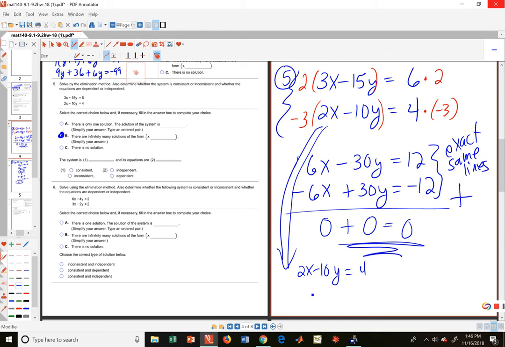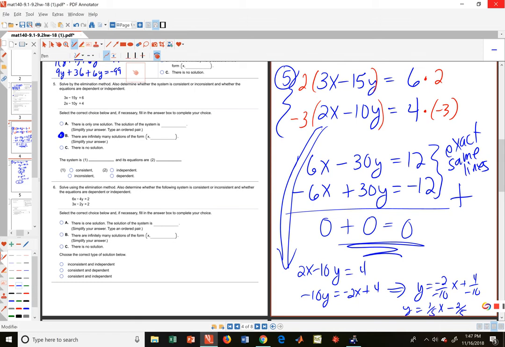So you get negative 10y equals negative 2x plus 4. Then divide by negative 10, so you get negative 2 divided by negative 10 times x plus 4 divided by negative 10. Stay with me here. So that's a positive 1/5 x minus 2/5 after simplification.